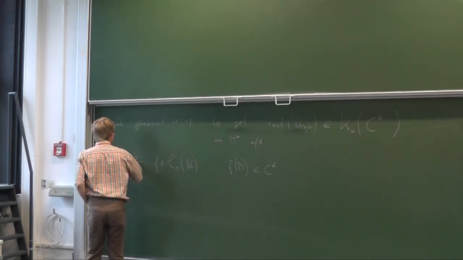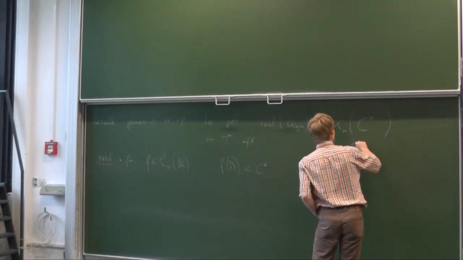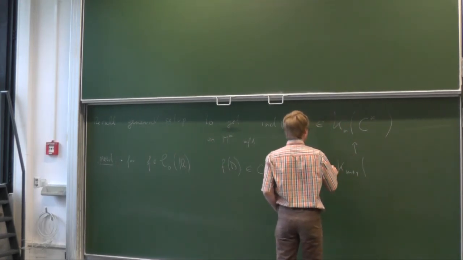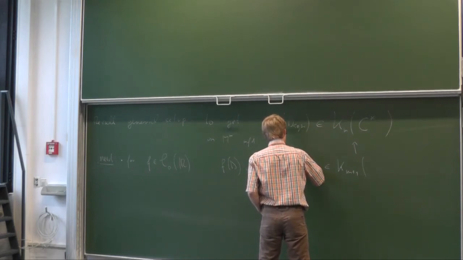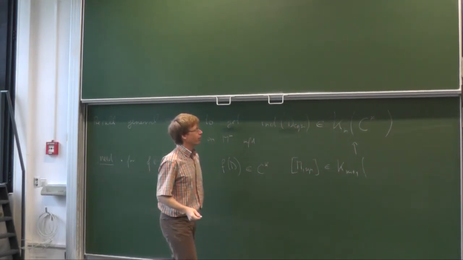We wanted, however, to complete the picture a little bit by also constructing something which I call a kind of fundamental class, a signature fundamental class, which would live in the K-theory of another algebra.